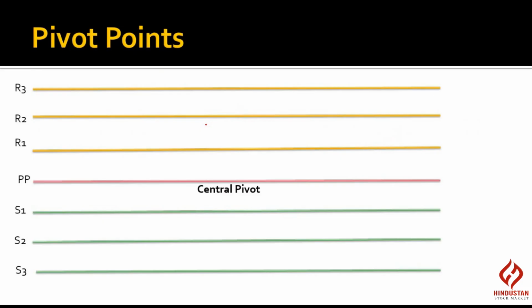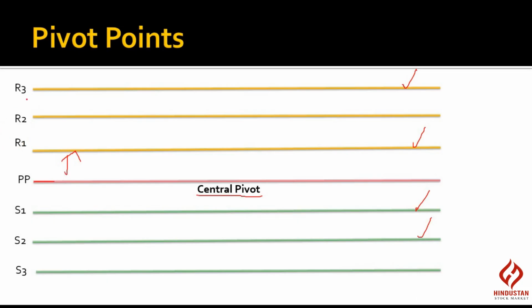Okay, so here you can see some horizontal lines. If you apply the pivot point indicator on your chart, you will see some horizontal lines like this. These horizontal lines are known as pivot points, right? The central line, the pink colored one, is called the central pivot, and the lines above the central pivot are known as resistance pivots or resistance levels.